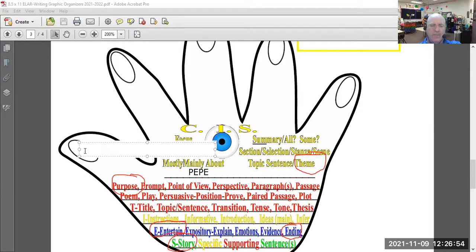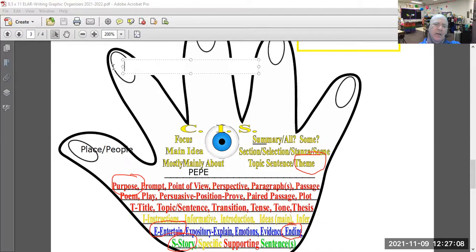It's a Spanish name. Okay. The first thing that you want to think about is every story goes to a certain place and there are certain people that are involved. Then in the E part of PEPE, there's a main event. It will be the focus of the story.